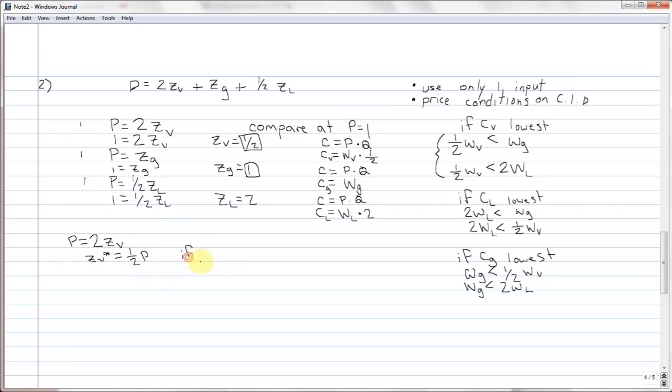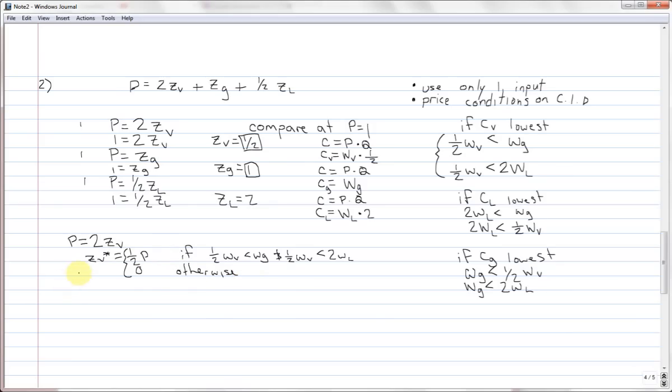And then I have to put if 1/2 WV is less than WG, and 1/2 WV is less than 2 WL. And then what if that's not true? Then CV, the cost of producing with vegetables, is not the cheapest way to do it. So I'm not going to produce with vegetables. So it's going to be 0 otherwise.